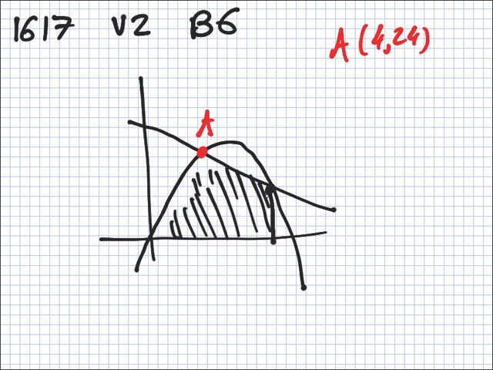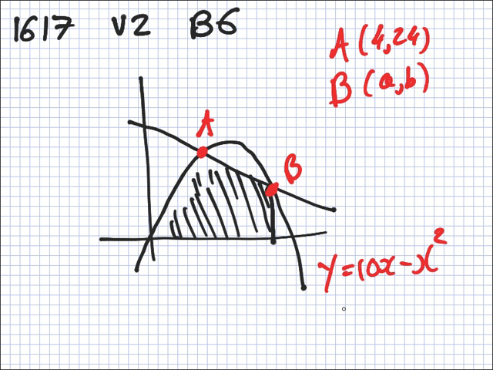You don't know this point, they call that B. They give you the quadratic, y equals 10x minus x squared, which by the way is the same thing as x(10 minus x). So that's handy because it makes me clearly see what the limits here are, 0 and 10.